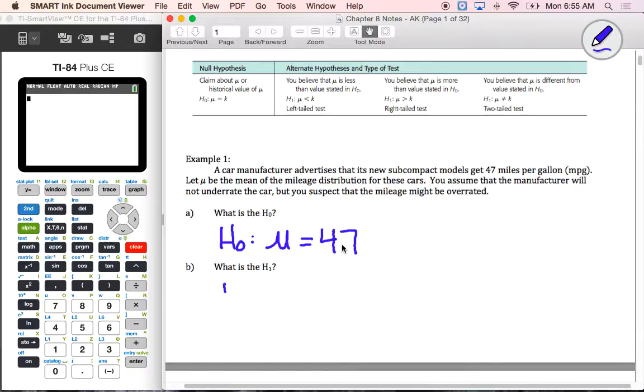So then for our alternate, it says you suspect that the mileage might be overrated. So you think 47 miles per gallon is too much. So for your alternate, you're going to say less than 47 because you want to say that it should be less than that 47 miles per gallon.